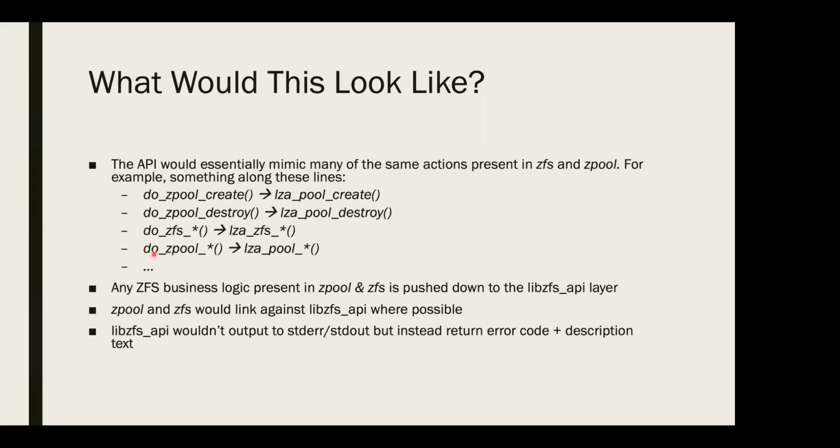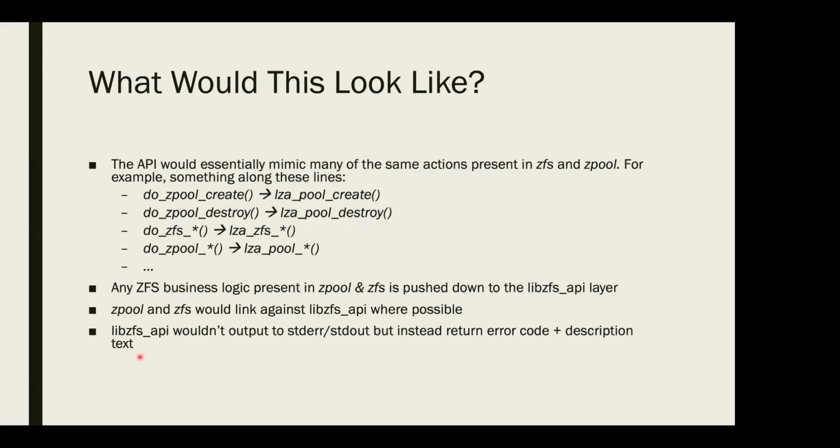Any business logic that's present in zpool or ZFS gets pushed down to the libzfs API layer. This would be anything that's not really a CLI related concern. Zpool and ZFS would attempt to use the libzfs API where possible. Not only would this demonstrate usage of the library, it also gives you test coverage over any changes we've made, because there are a lot of backing tests to validate zpool and ZFS.